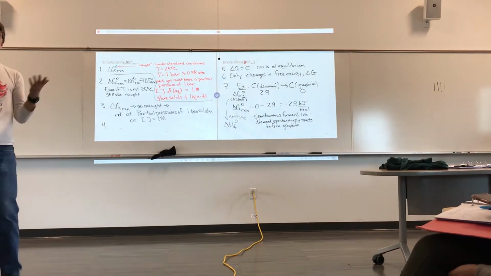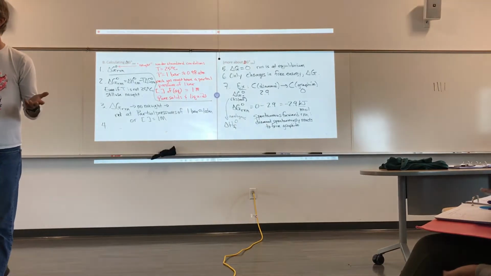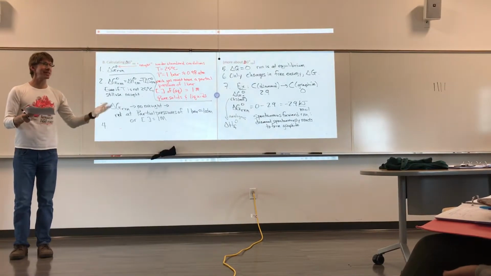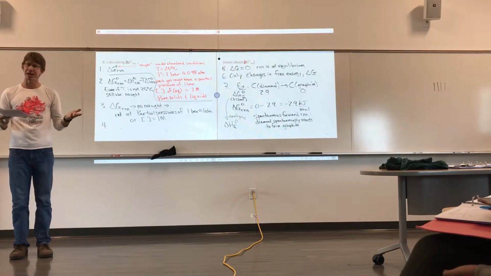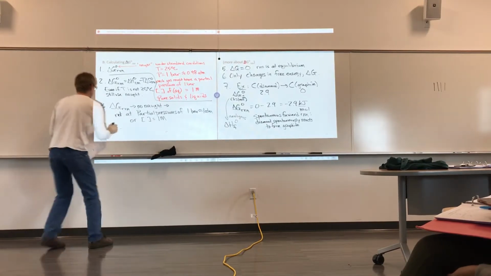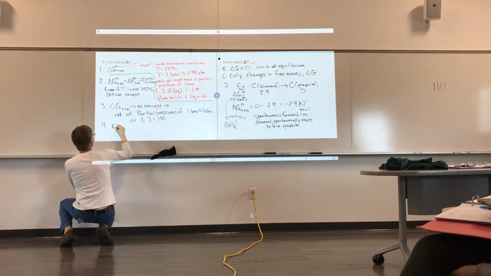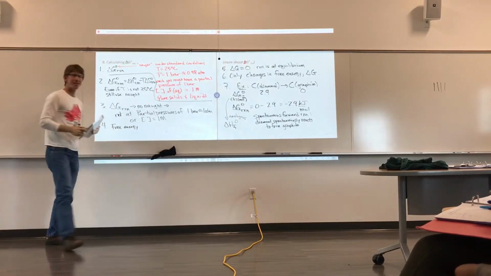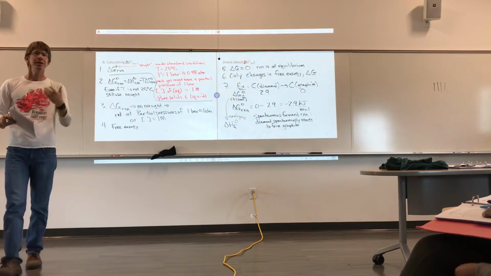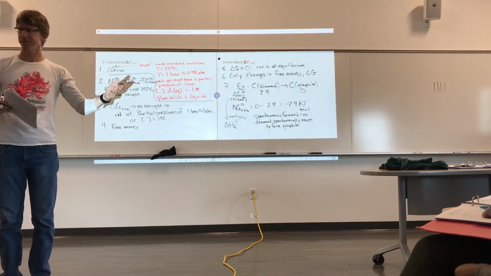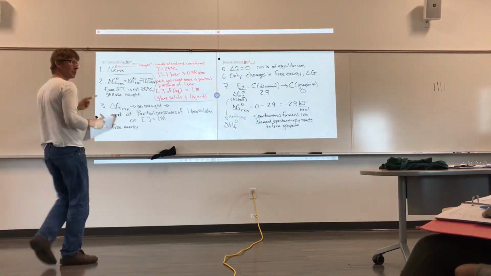Now, what is free energy? That's what I'm going to address next. We know that delta G, and the sign of delta G, tells us whether a reaction is spontaneous or not. It's more than that. The free energy is the amount of energy available to do work. Actually, let me rephrase that.